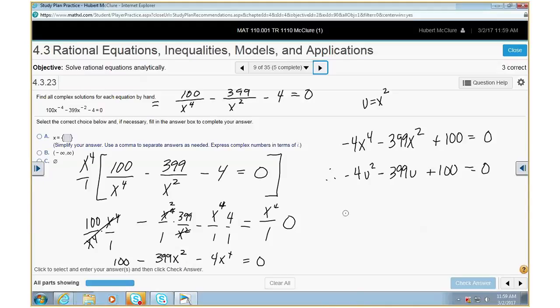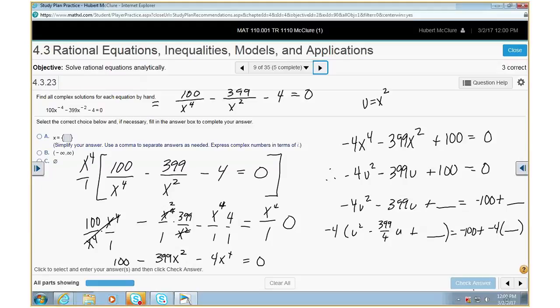So that's negative 4u squared minus 399u plus blank is equal to negative 100 plus blank. And factor out the negative 4. That's going to leave you with u squared minus 399 over 4 u plus blank is equal to negative 100 plus negative 4 times blank.